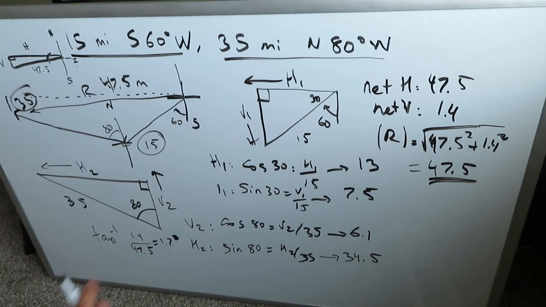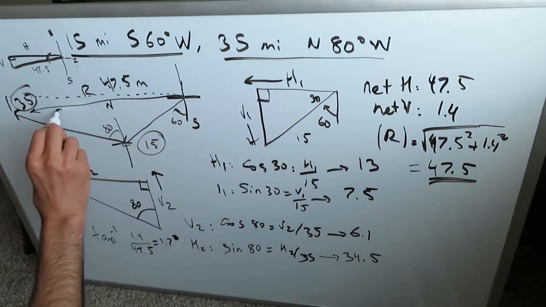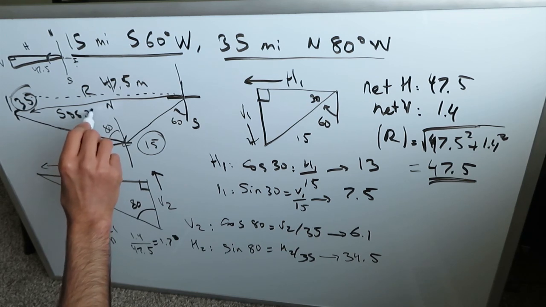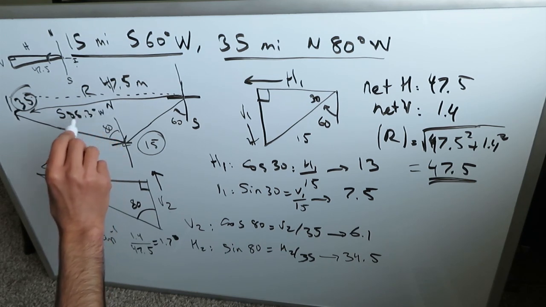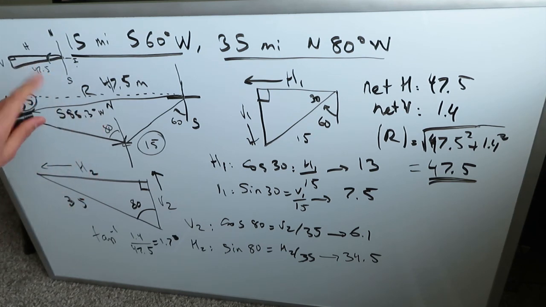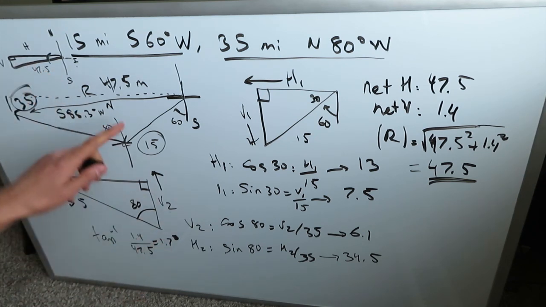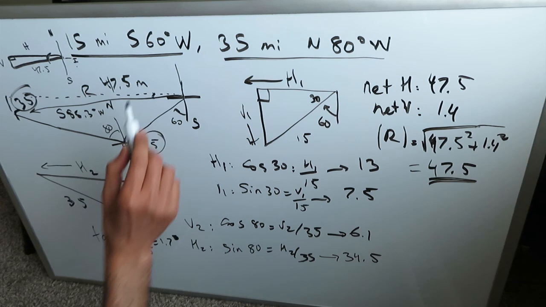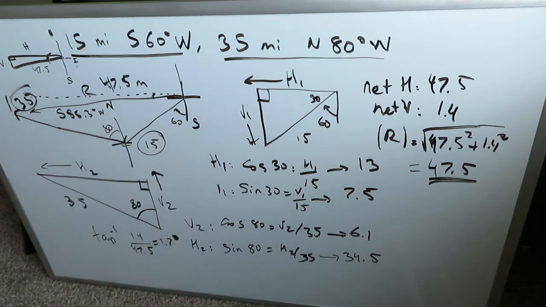So our resultant here is going to be basically south 88.3 degrees west. Because south 88.3 degrees west is equal to 1.7 degrees from that horizontal, the 180 degree line. This right here, 1.7 degrees, which is 88.3 degrees south, 88.3 degrees west.